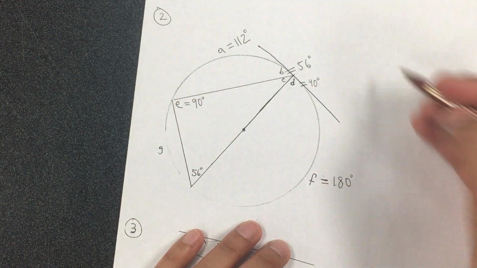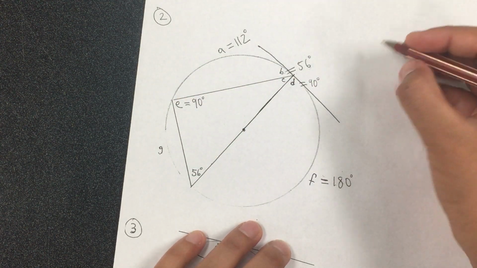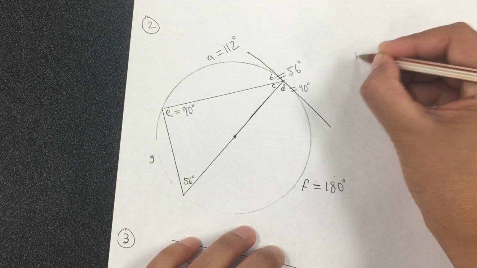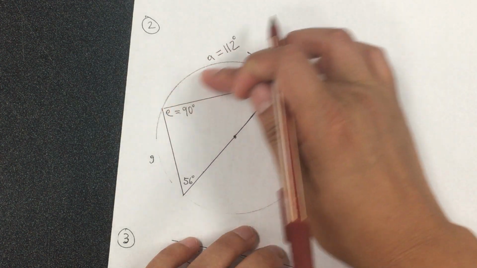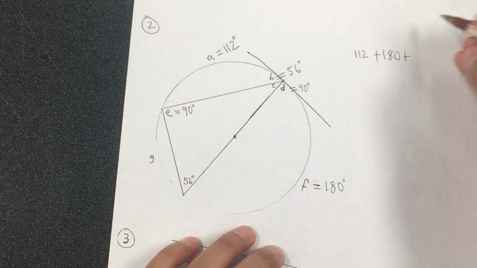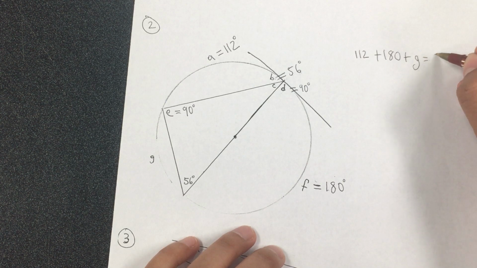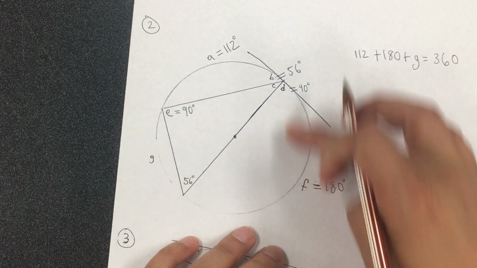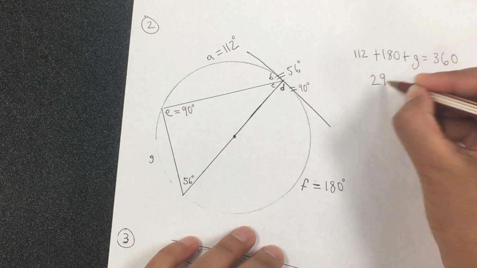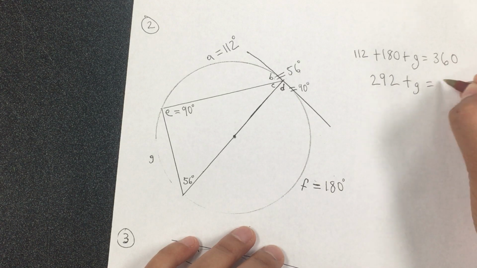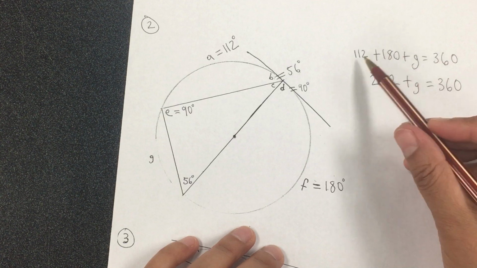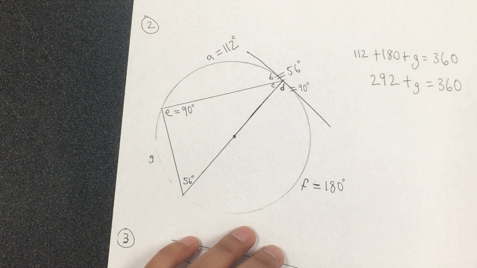So these three measurements equal 360 because it's a circle. So 112, that's from here to here, plus 180 plus G equals 360. Okay, it's because it's a whole circle. I add these two and it's 292 plus G equals 360. 2 plus 0 is 2, 8 plus 1 is 9, and 1 plus 1 is 2.